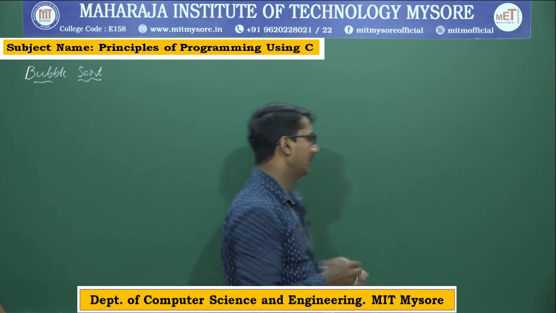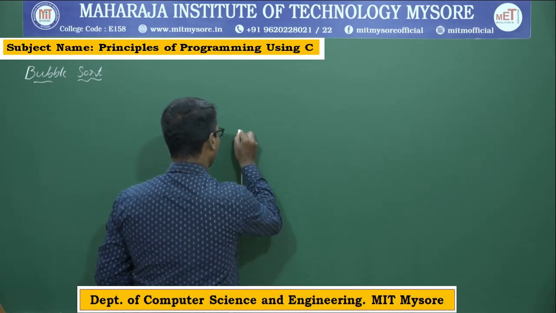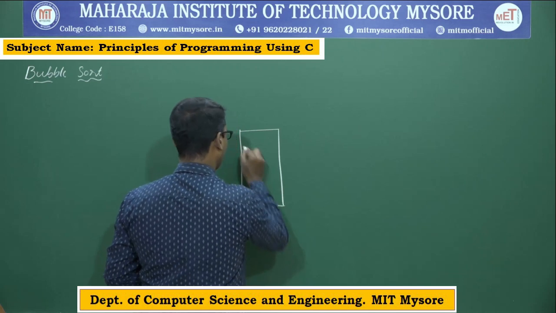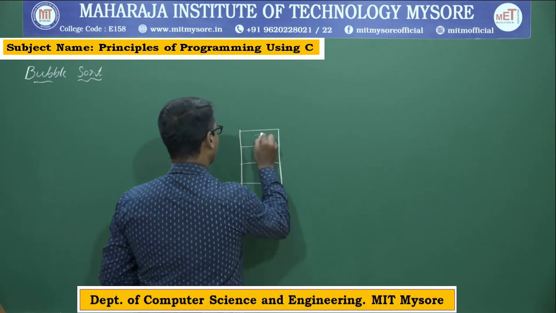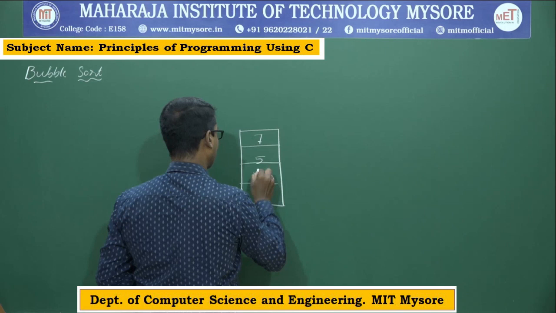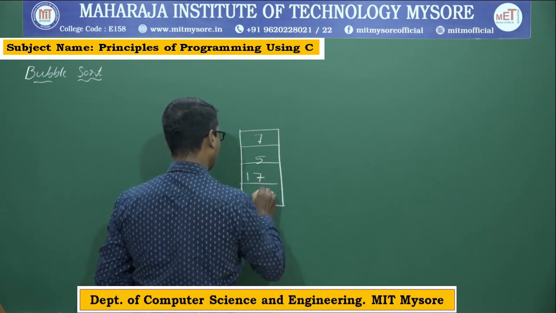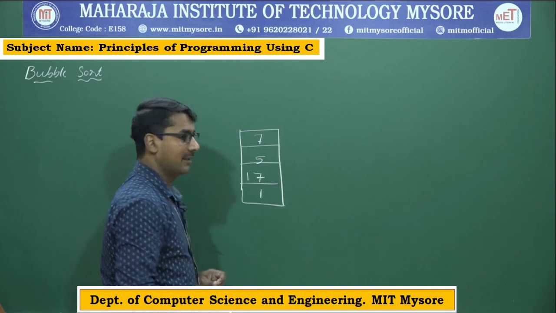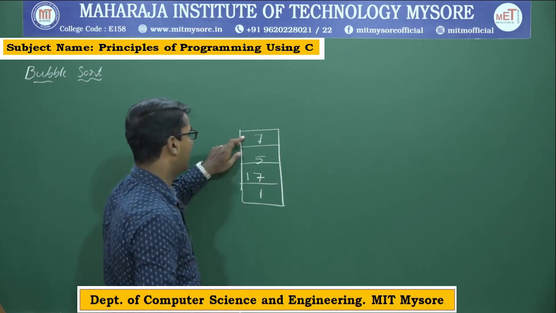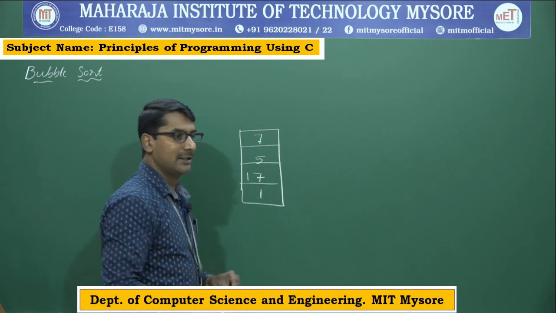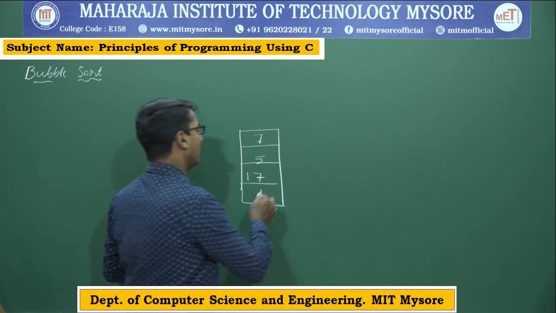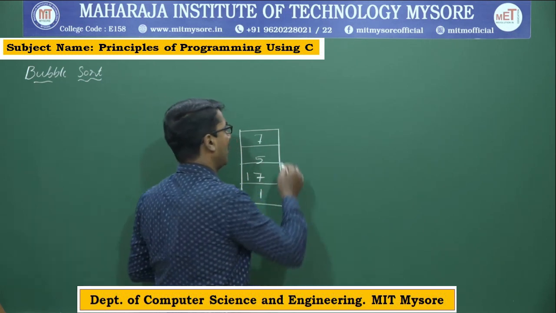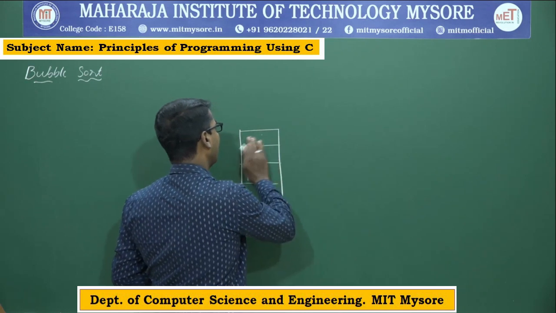Let us consider one example. Consider this array. Here in this array, it contains only four elements: 7, 5, 17, 1. In in place sorting, first the elements will be compared. Now, 7 is greater than 5, so the elements will be exchanged.